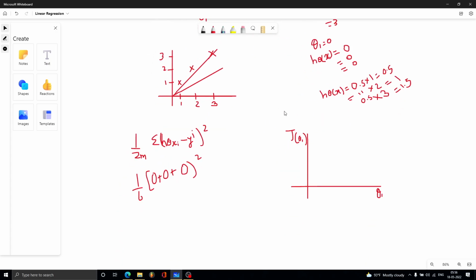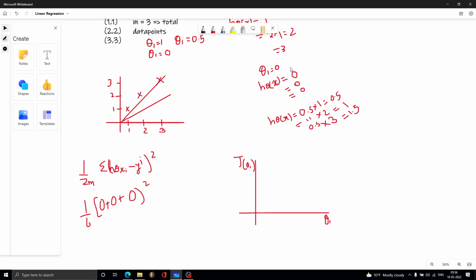Simple. Now similarly for theta 1 equal to 0, for h theta x we are going to get something like this: 1 by 6, h theta of x is 0 minus 1, whole square, plus again 0 minus 2, whole square, plus 0 minus 3, whole square.